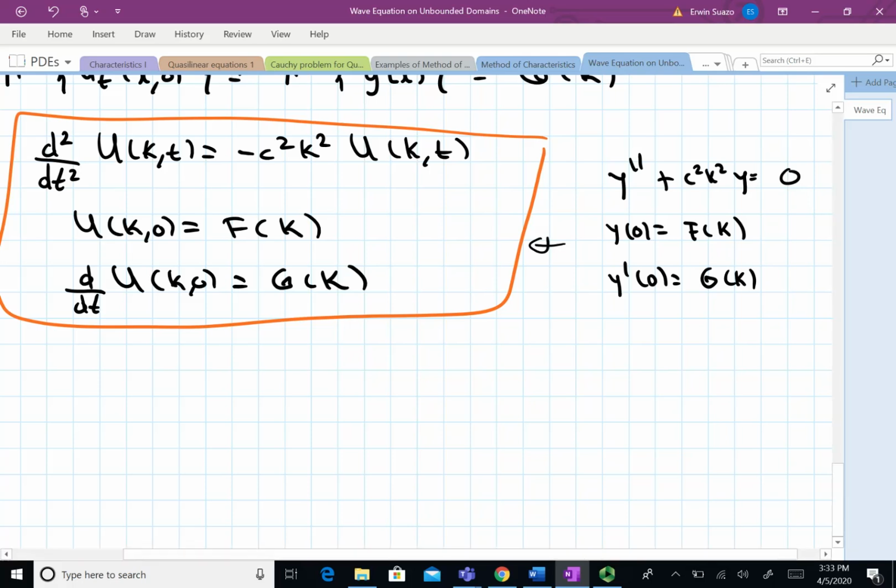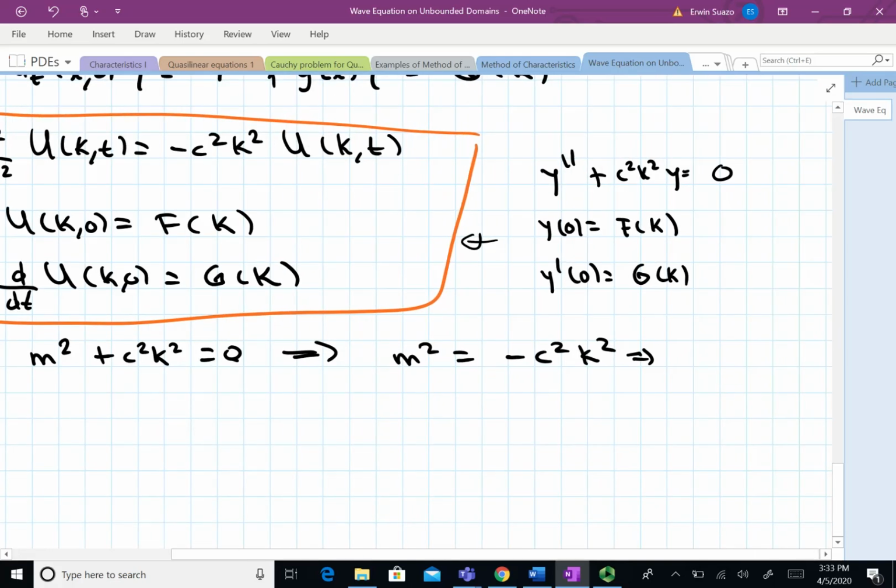You get m squared plus c squared k squared equals 0, and then m squared equals minus c squared k squared, and then m equals plus minus i c k.